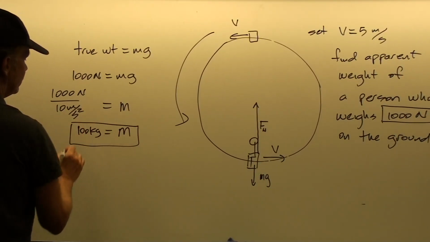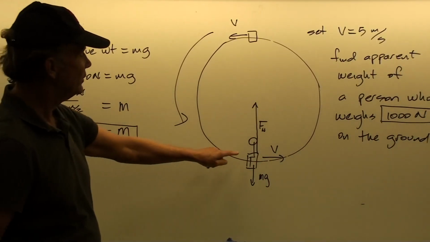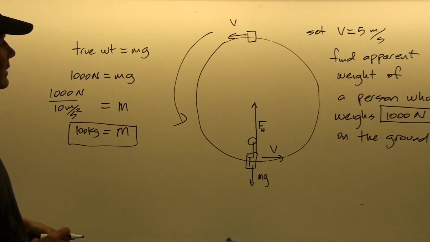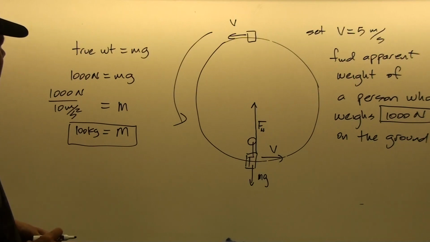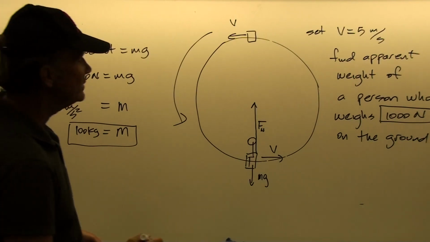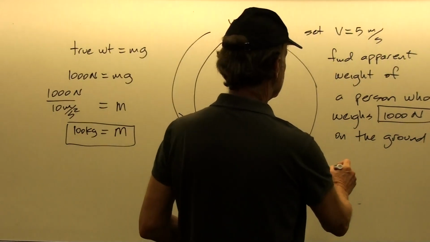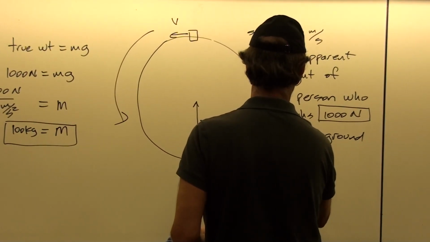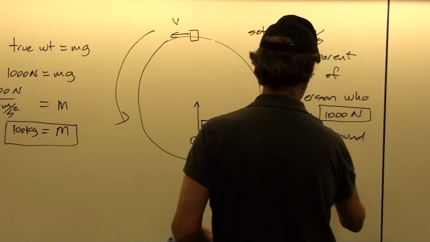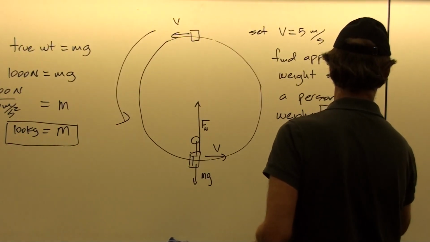So now that's good. We've got that the person has a mass of 100 kilograms and a true weight of 1,000 newtons. Let's find the apparent weight of the person at the bottom and at the top.